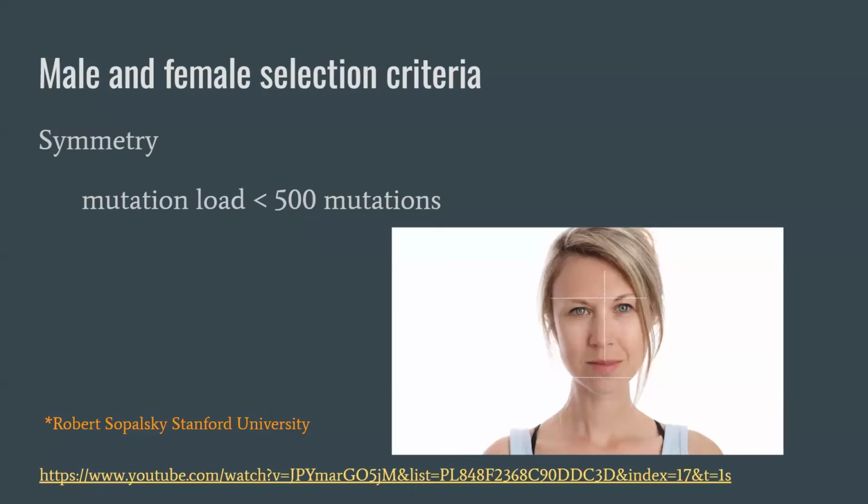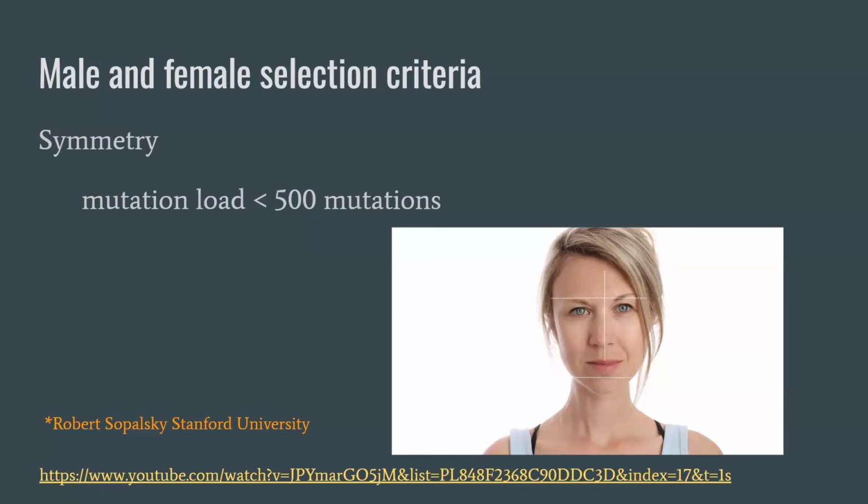Your ancestors got mutations. And maybe it wasn't a fatal mutation, maybe it wasn't a bad thing, but it's there, right? And it's a little bit of a tweak to your DNA. As generations go on, you're collecting more and more of these mutations and passing them on to your offspring. And that's called a mutation load. And when it gets to about 500 mutations in your mutation load, your symmetry starts to get screwed.